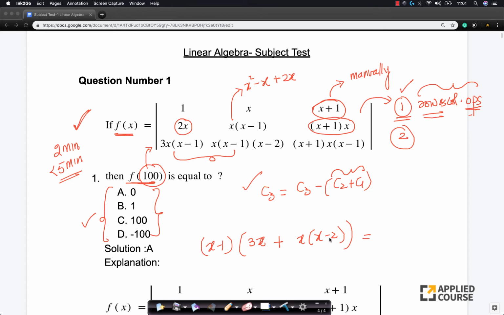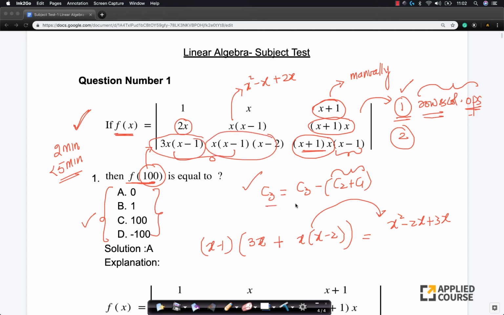Now here also I have x minus 1. So now I need to see if this is equal to x plus 1 into x. If I simplify just this internal term here, this is x square minus 2x plus 3x, which is same as x square plus x, which is what you're getting here. So very simply, I can also show that this plus this is equal to this.